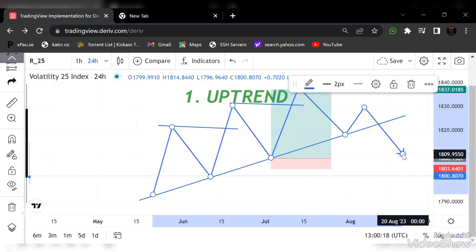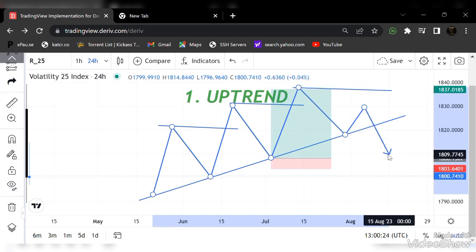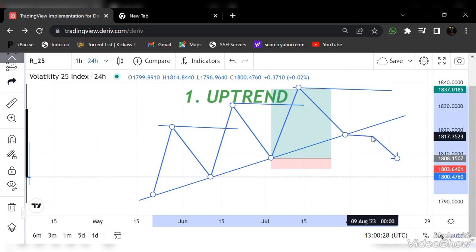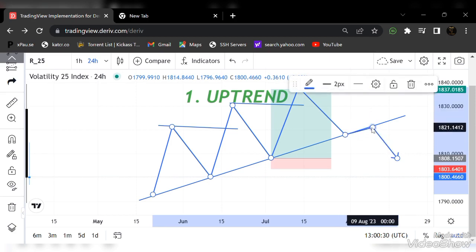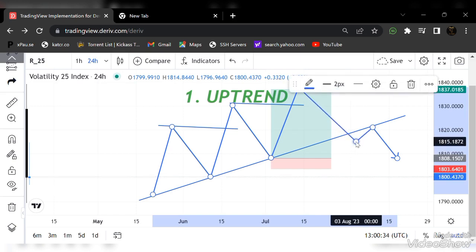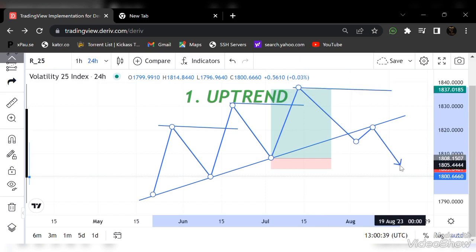You should close all trades, because it actually indicates a possible reversal. So it would be smart. If price breaks this trend line like this and then reaches this, it would actually indicate that the market is now trying to move downwards.